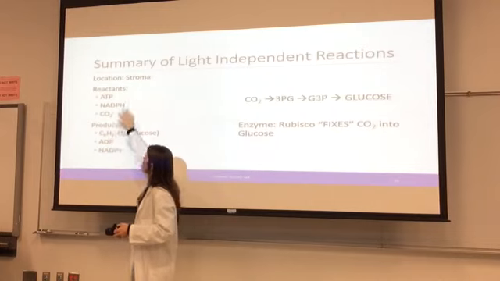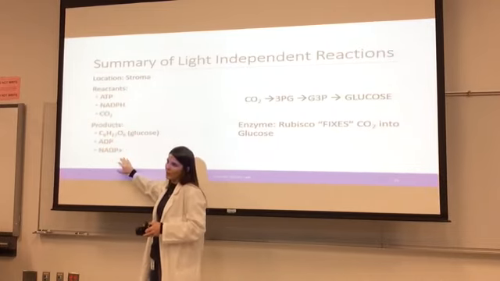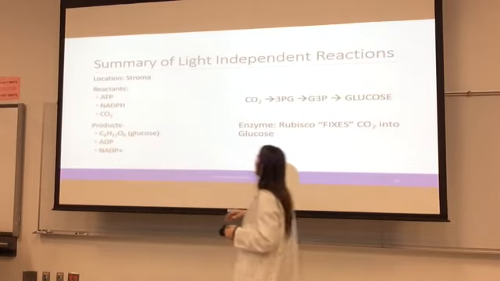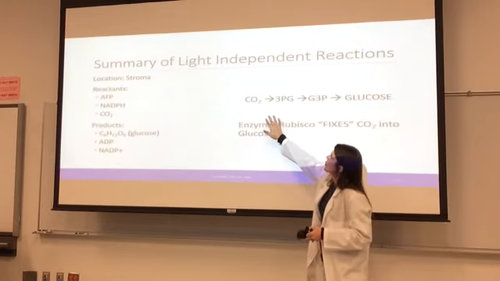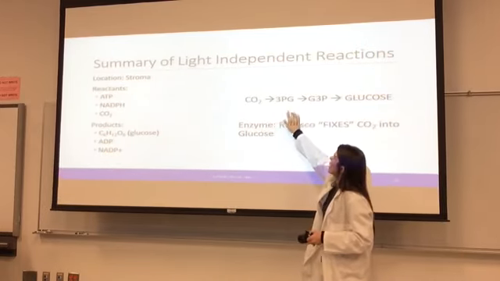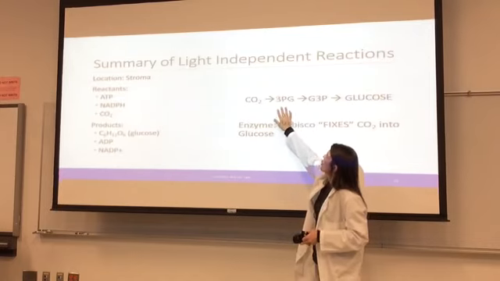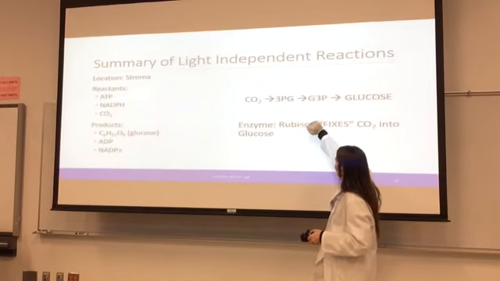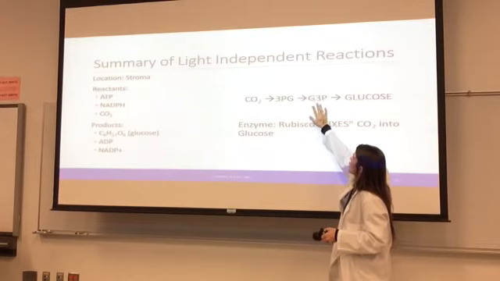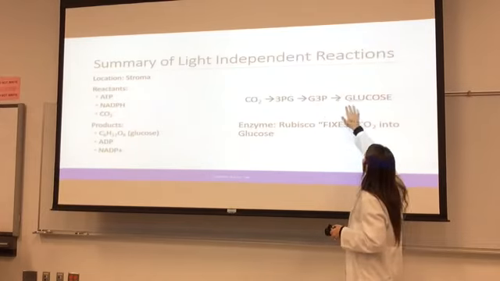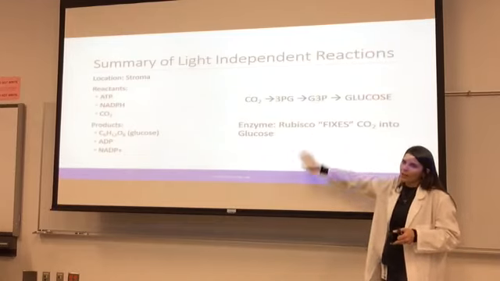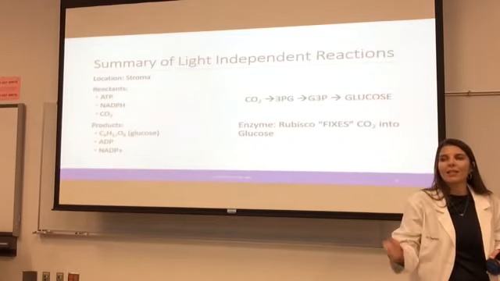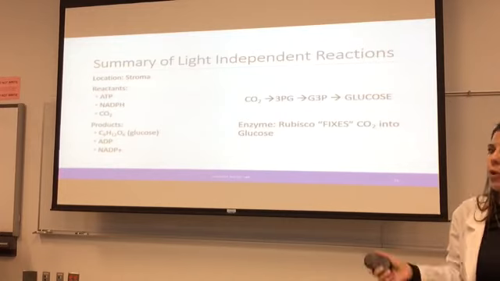Because I used these here, I need to recharge them again in the light-dependent reactions. So I have the intermediates here. CO2 goes to 3-PGA, and then to G3P, and then ultimately it becomes glucose. The enzyme that catalyzes this reaction is Rubisco.